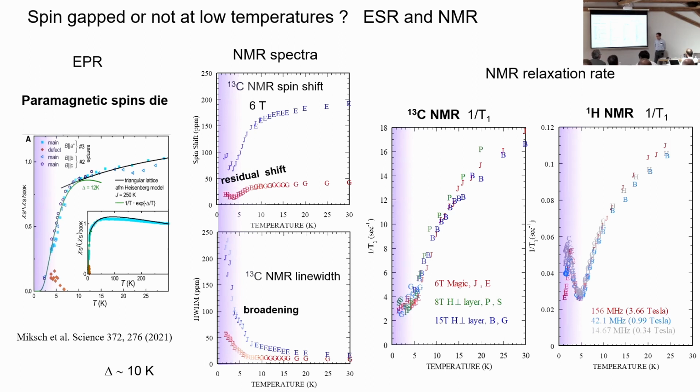But if you convert this 1 over T1 to chi double prime, it is maybe 1 over T1T. In that case, 1 over T1T always goes up like this. But they are different. They're different projections, different averages over Q space of chi double prime.